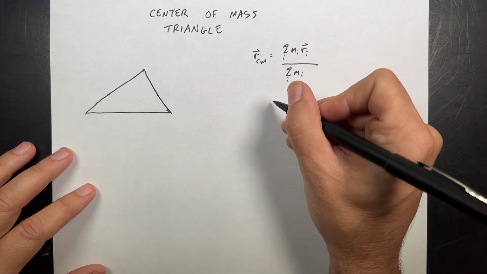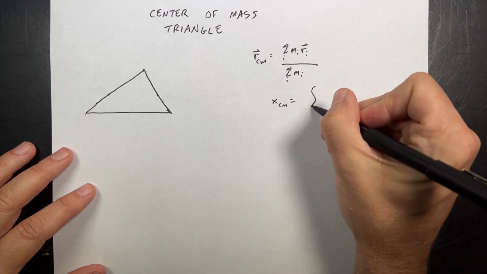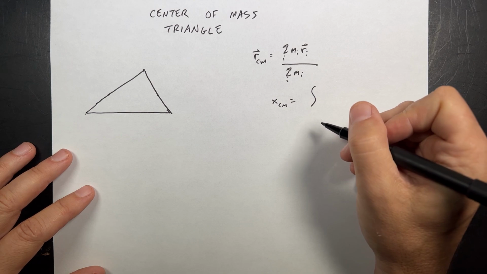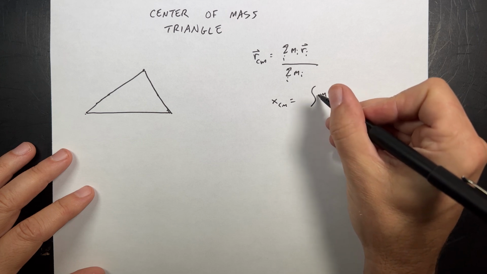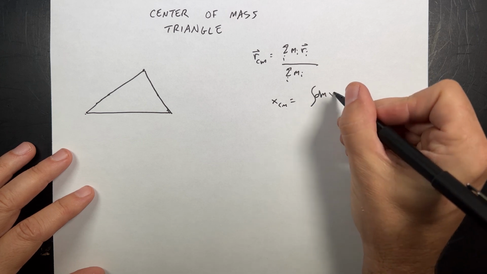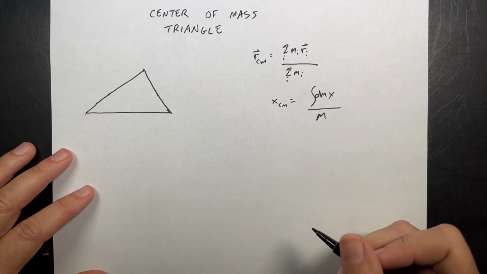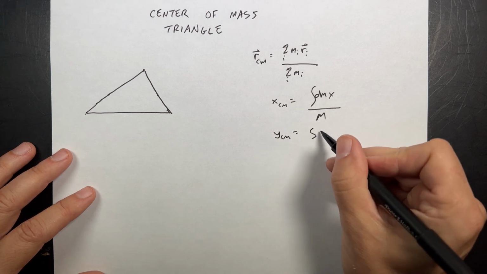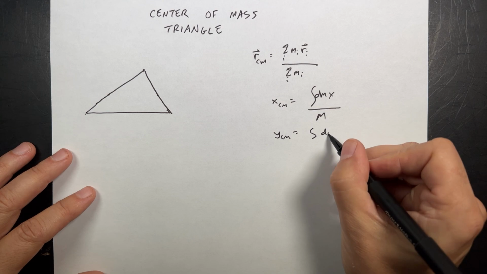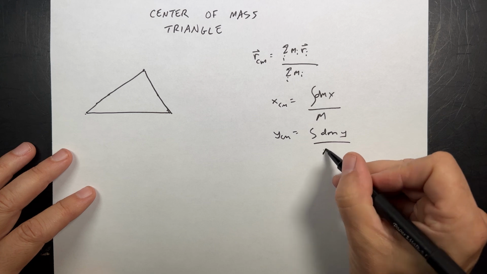So x center of mass is the surface area integral of dm x over the total mass. Is that okay? That's okay. And then the y center of mass is an area integral of dm y over the total mass.